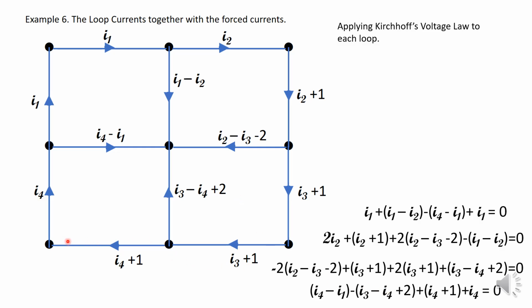In the direction of the current here, of the arrow here, so it's plus 1 times I4 plus 1, and then in the direction of the arrow it's plus 1 times I4. Okay, so we have these 4 equations from Kirchhoff's voltage law. We apply Kirchhoff's voltage law to each loop.